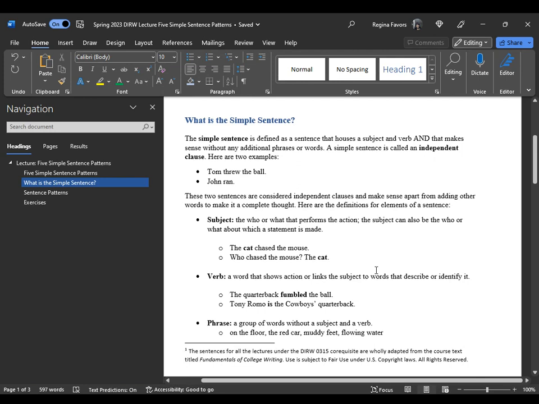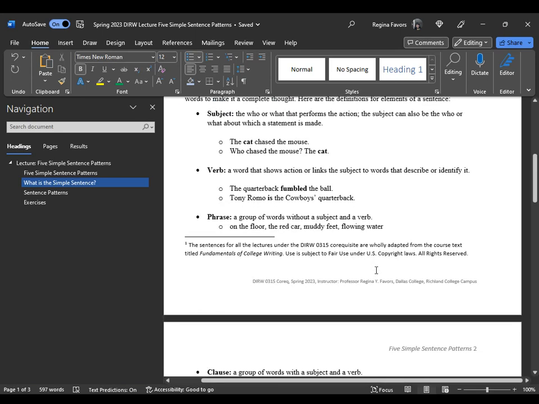A verb is a word that shows action or links the subject to words that describe or identify it. So we see the quarterback fumbled the ball. Tony Romo is the Cowboys quarterback. The first verb is considered an actual action. The quarterback is performing the action, he's fumbling the ball.